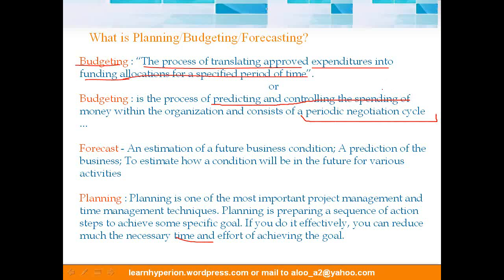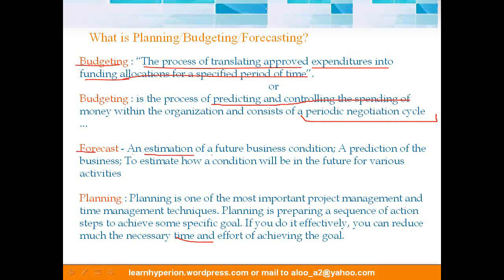You request $10 from your parents. Your parent gives you $5 and you say, no, I cannot drive my expenses with $5. Give me at least $7. So multiple negotiation cycles happen. And finally the amount which is settled, approved, agreed upon, is called the budget amount.